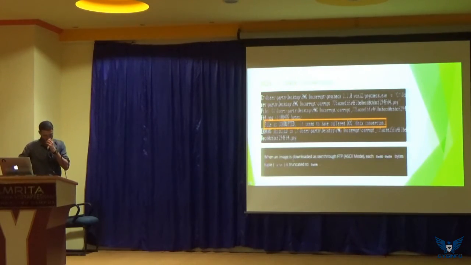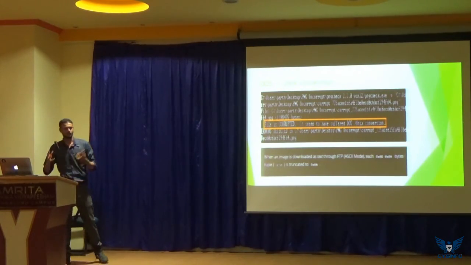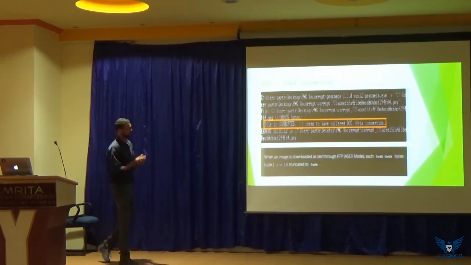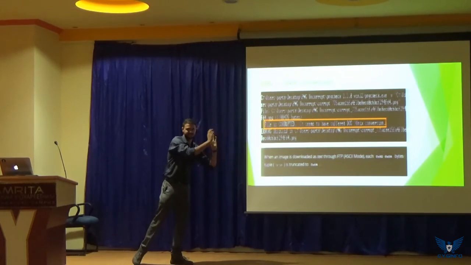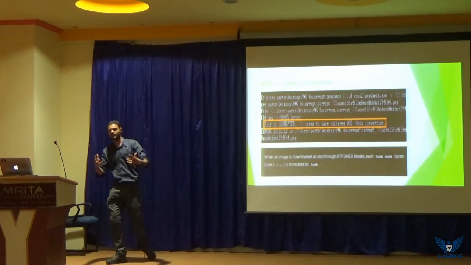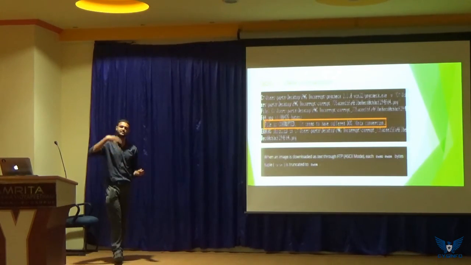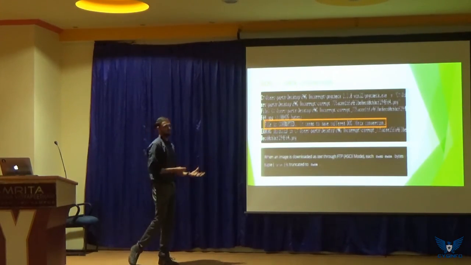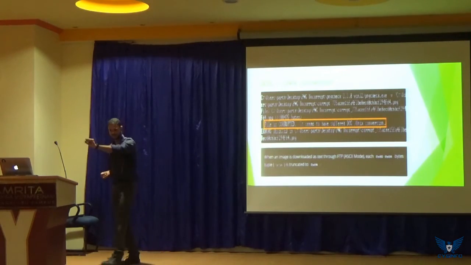Here you can see, when an image is downloaded as text through FTP ASCII mode, each 0D0A byte pair is truncated to 0A, right? So now we got an insight that there is some problem with these two bytes, 0D and 0A, where the value should be 0D0A, but the value is only 0A, which is not opening the file and is causing the CRC error, right?